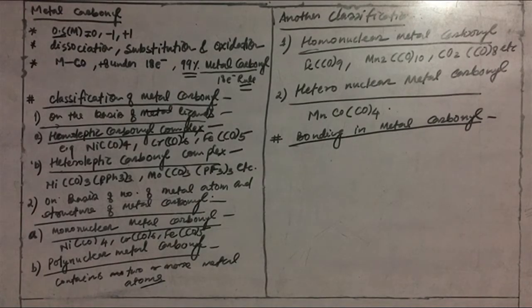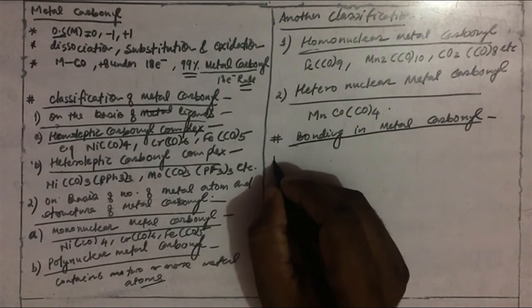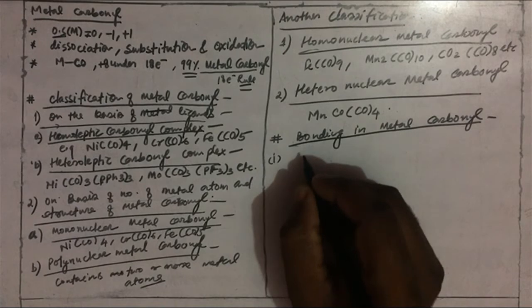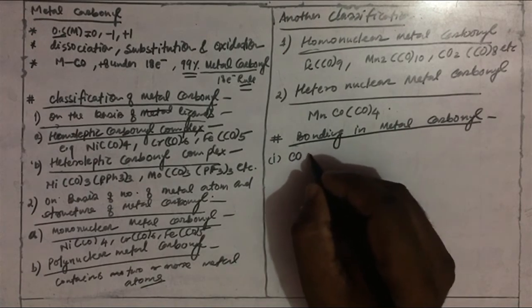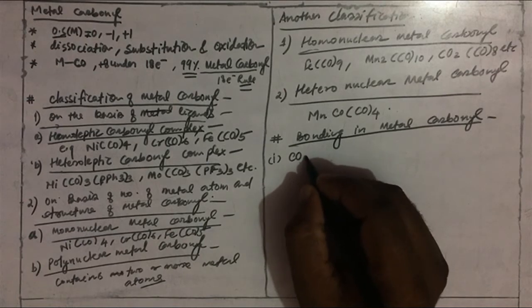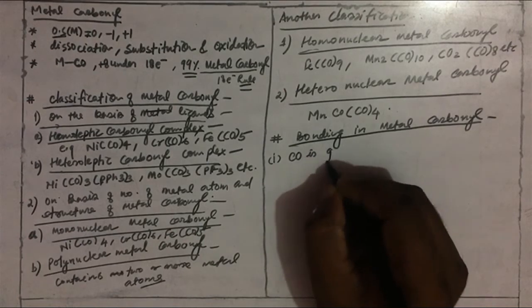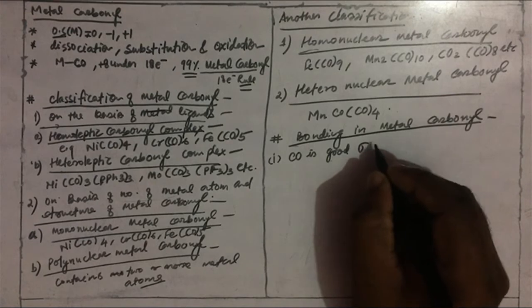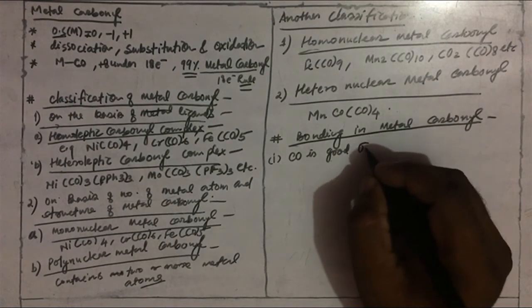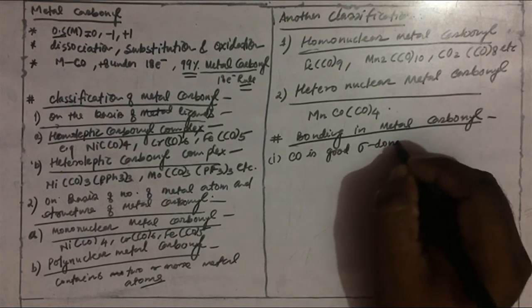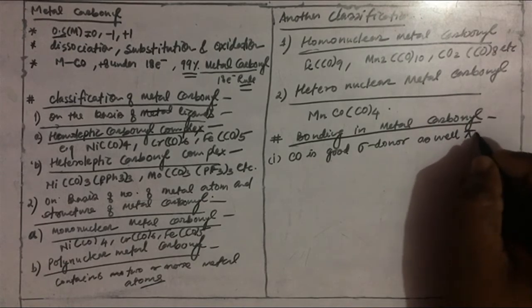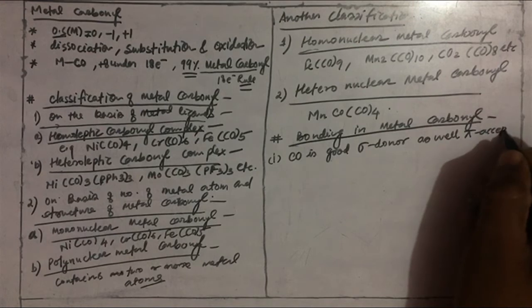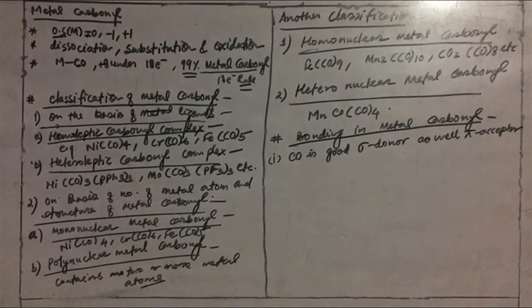So here you should remember some points. First, CO is a good sigma donor as well as pi acceptor ligand.